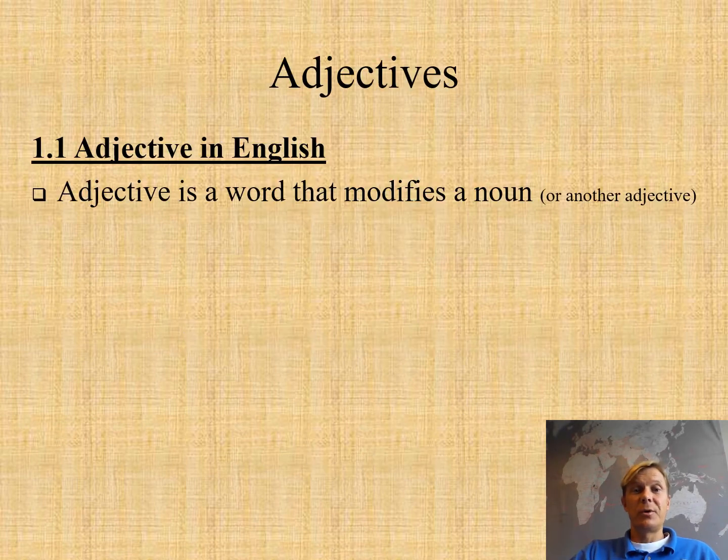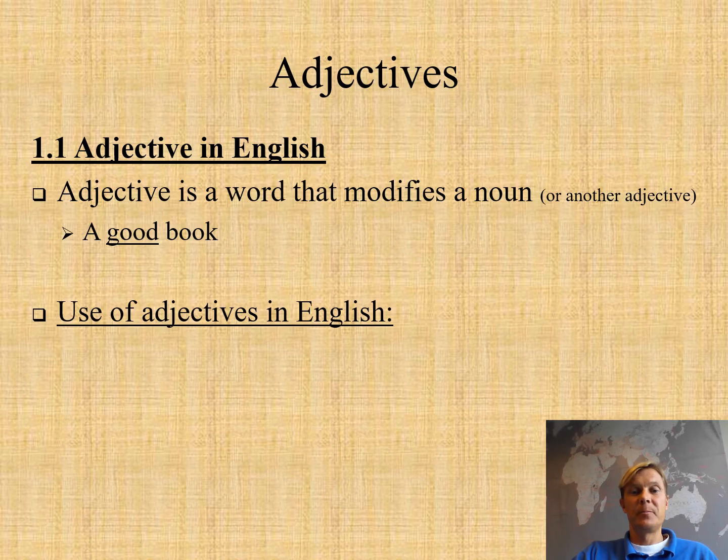So let's start with the adjectives in English. An adjective is a word that modifies a noun, or obviously can also modify or describe another adjective. A simple example: a good book. Obviously book is the noun and good is the adjective that describes what type of book we are talking about.